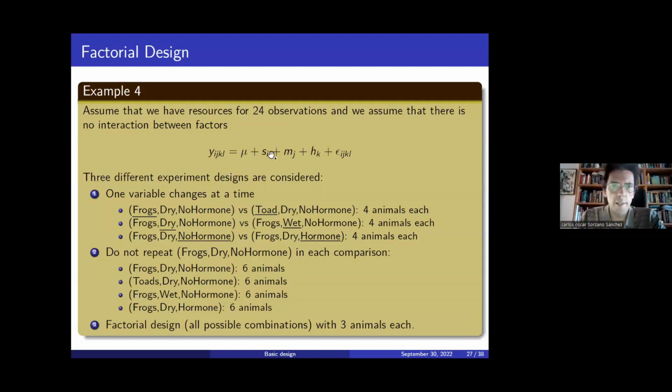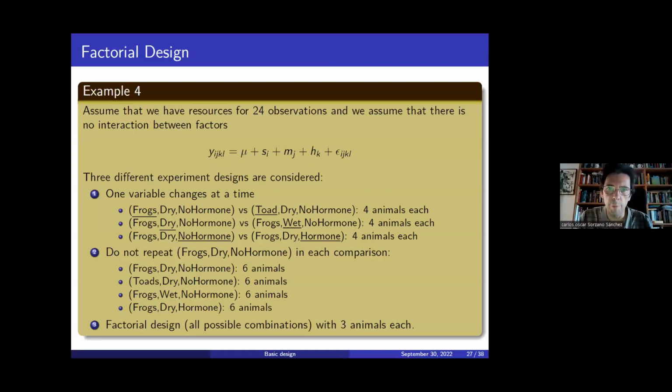So for instance, let's say that we have 24 animals available for this experiment of frogs and toads and so on. And the general wisdom in labs is that you should change only one factor at a time and compare those two conditions. So for instance, we can compare frogs. I want to see if the species make a change. So I will compare a group of frogs dry with no hormone to toads dry with no hormone.